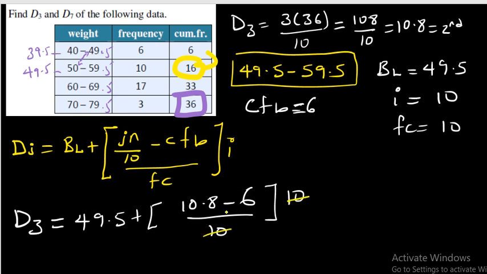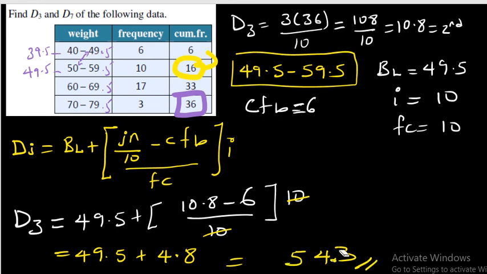So it's going to be 49.5 plus 4.8, which when you add it is 54.3. That's going to be the third decile.